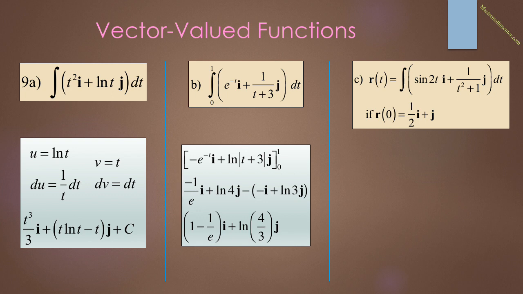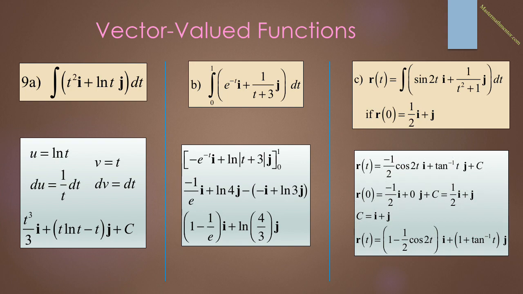And now plugging in the 0, we get minus quantity negative i plus natural log of 3 j. Putting the i's and j's together, we get (1 minus 1 over e) i plus the natural log of 4/3, which can be written as the natural log of 4 minus the natural log of 3, j.